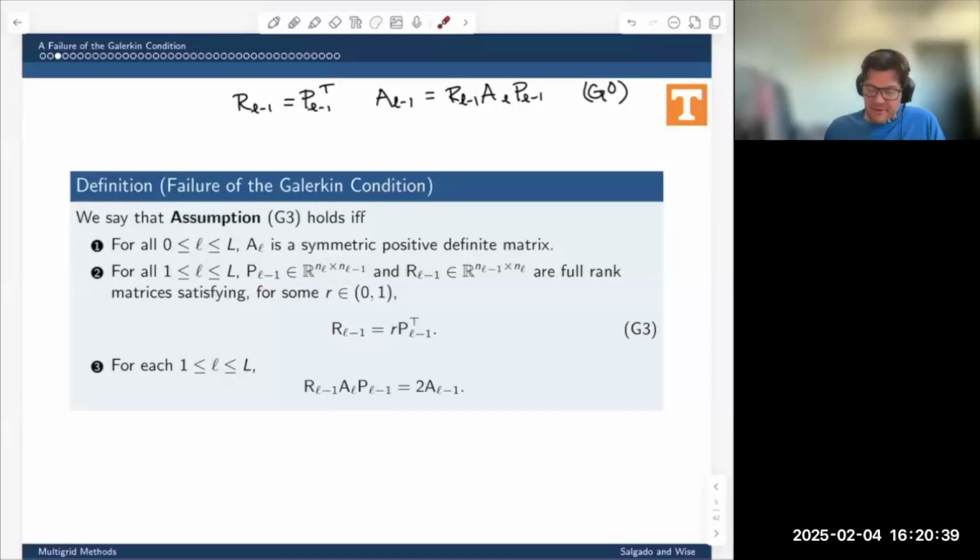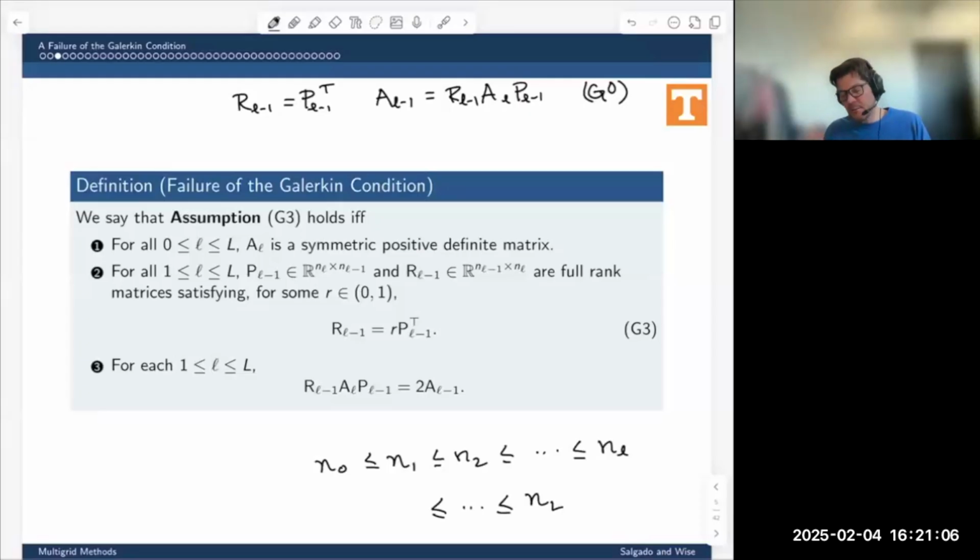We're going to assume that we have this hierarchy of meshes. Remember, the hierarchy of meshes in chapter 5 was very general. We don't know what these meshes are or mean. We simply think about having this hierarchy of numbers n0, n1, n2, going all the way up to the top, n_L.